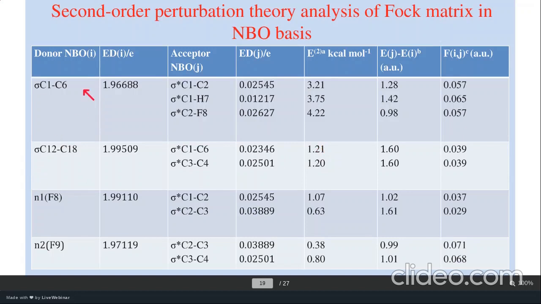So here we get the donor NBOs, their energy, the acceptor NBOs, their energy, the overall energy as we have discussed, the energy difference between the acceptor and the donor, and then finally this Fock matrix element Fij. We will discuss these Fock matrix elements after this.